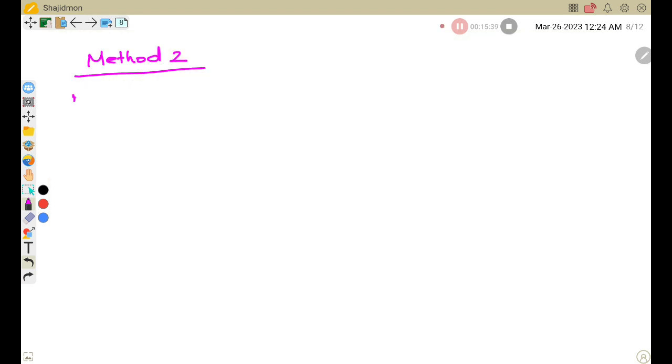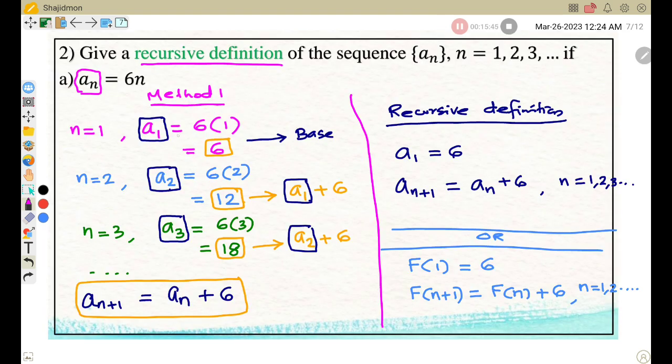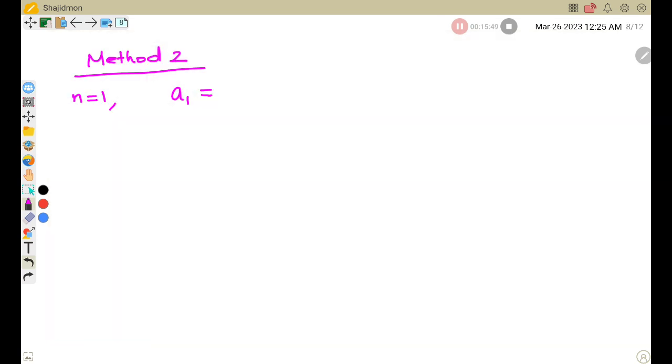Just apply n equal to the first number. You will get a1 equal to, as I discussed here, 6 multiply 1 equal to 6, correct? 6 multiply 1, that means 6. a1 equal to 6, same as before. Okay, this is the base case.